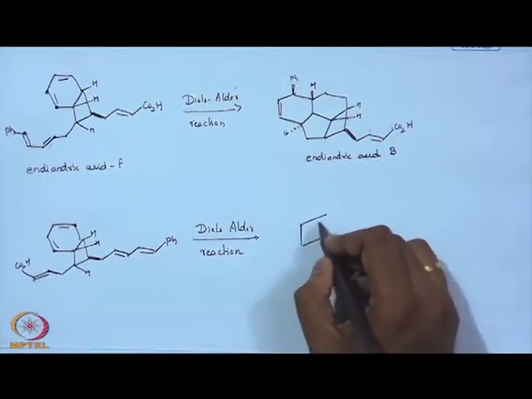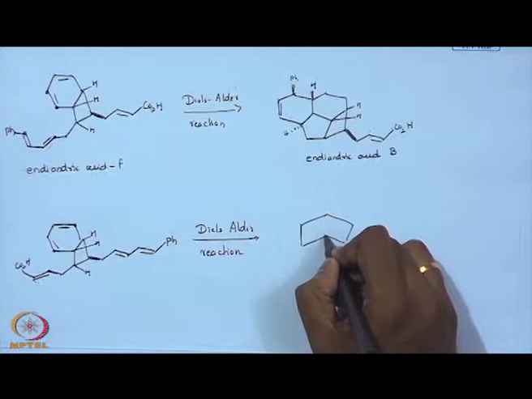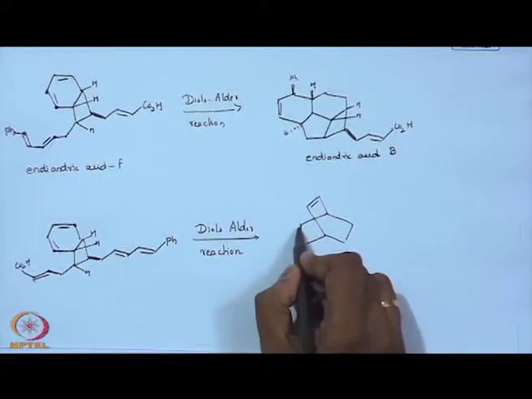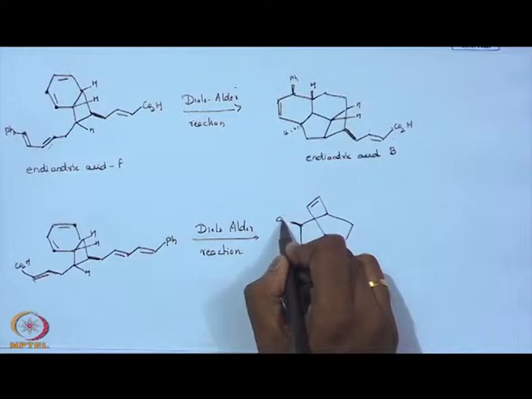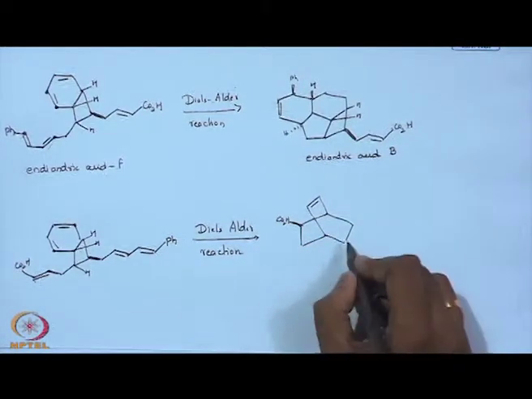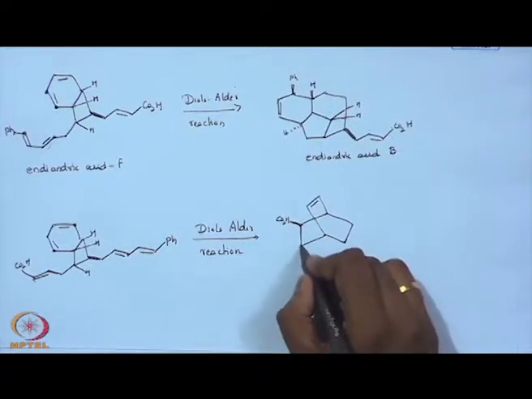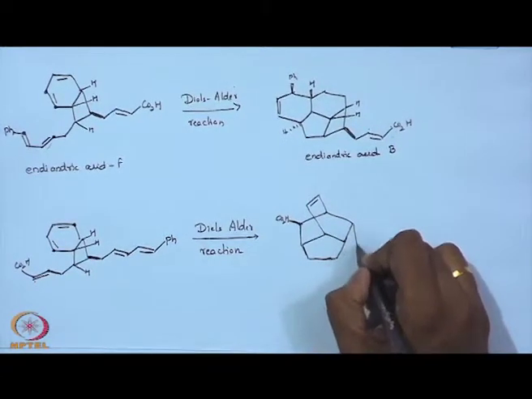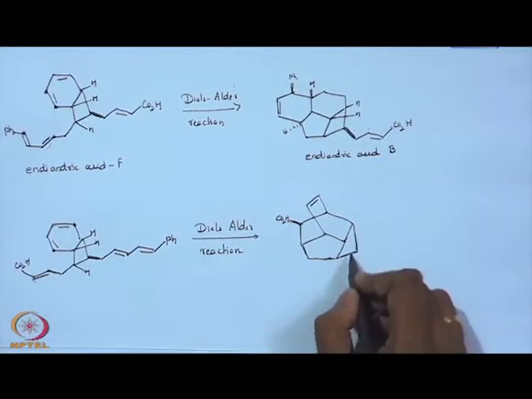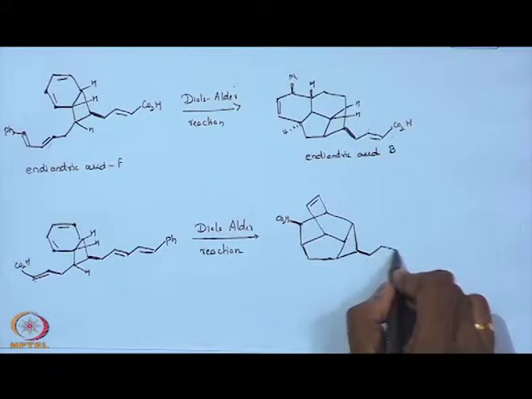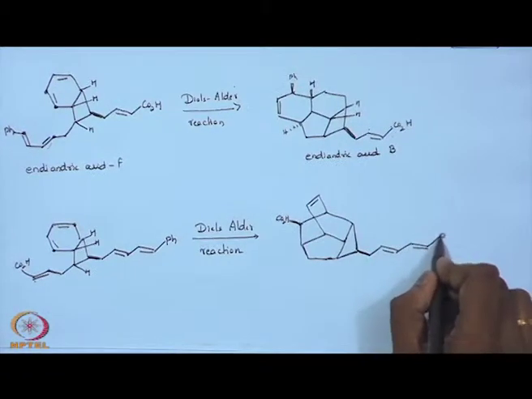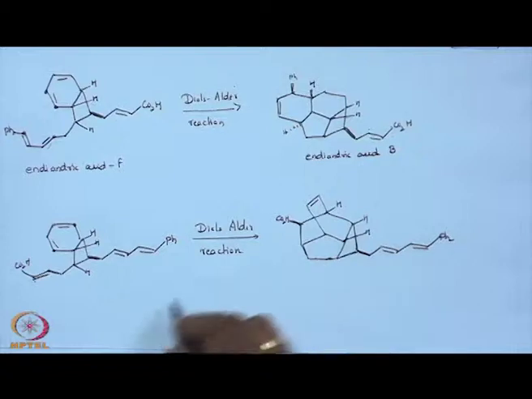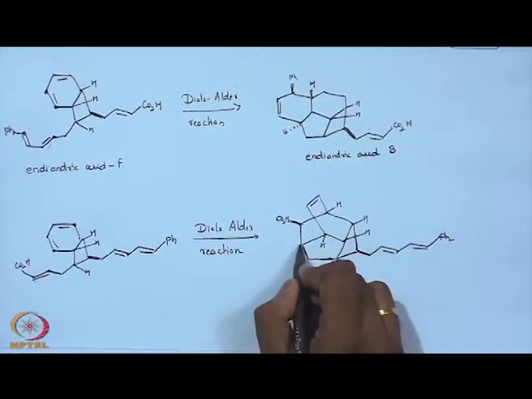Best way to draw it is like this. When you have alkene here, you have a carboxylic acid, then I can have phenyl, then I have my hydrogen, this.